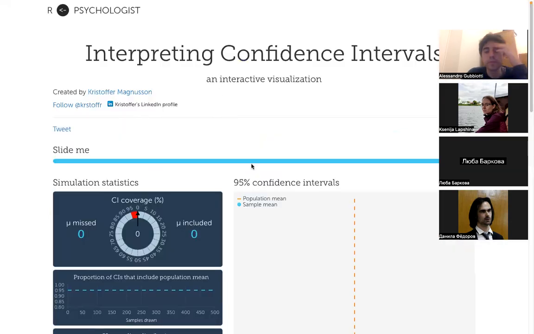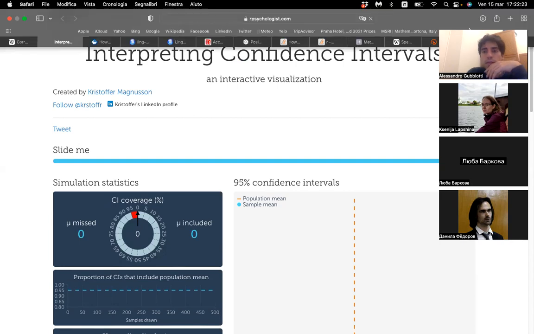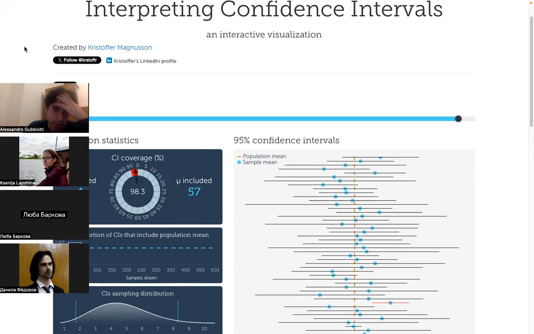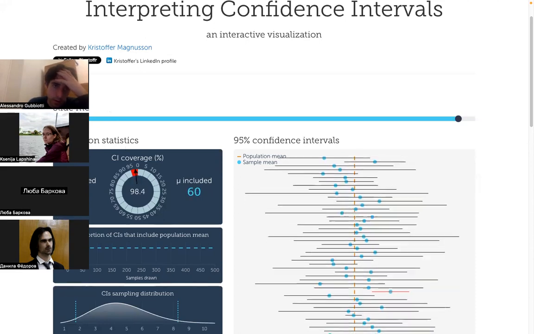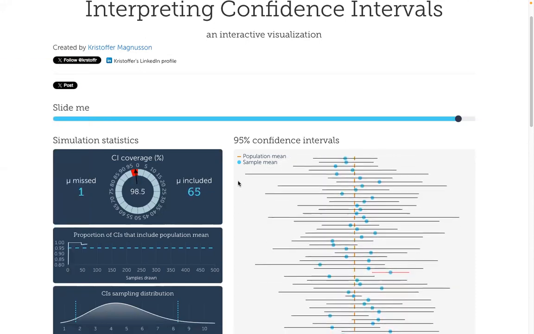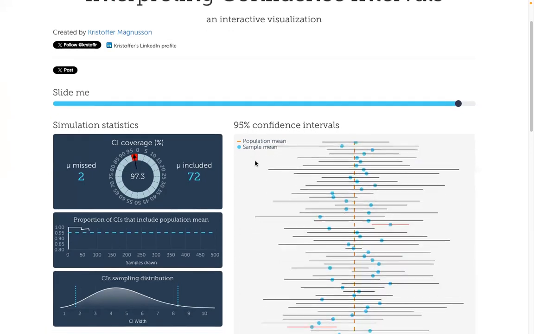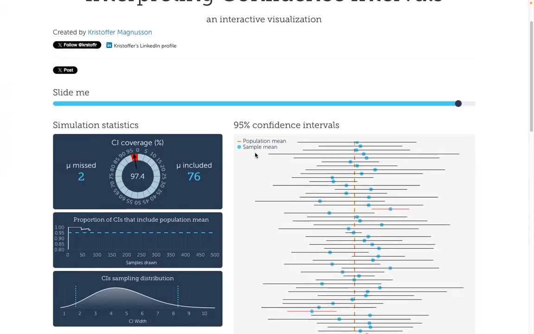So here it is doing what I would do. He generates some samples and computes the sample mean.